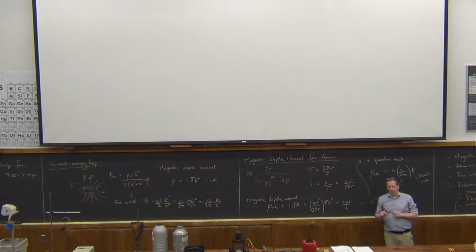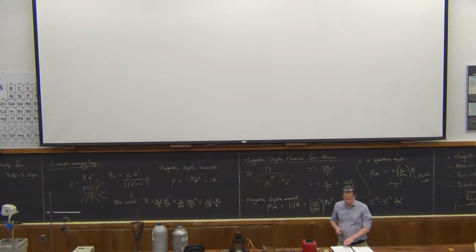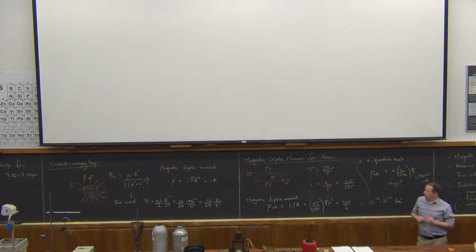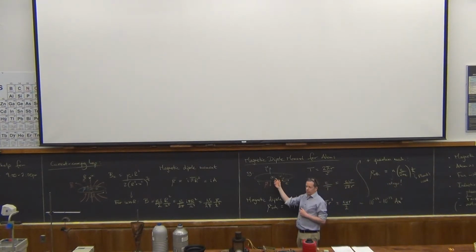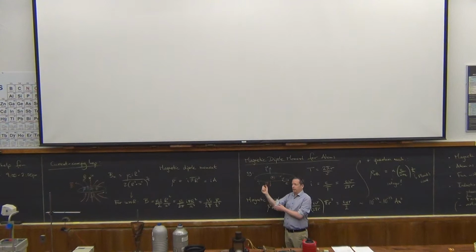Let me just say one second footnote comment, and then we'll turn a little bit to the impact this has on bulk materials. I've described a single orbiting electron moving around at a typical radius of 10 to the minus 9, 10 to the minus 10 meters. It has a magnetic dipole moment associated with it.